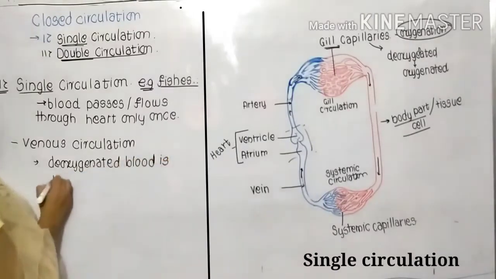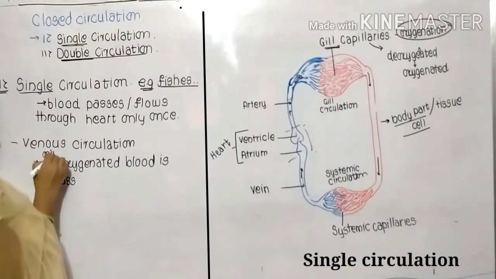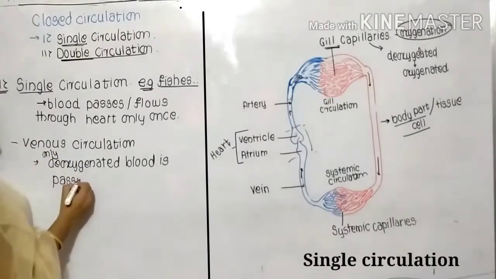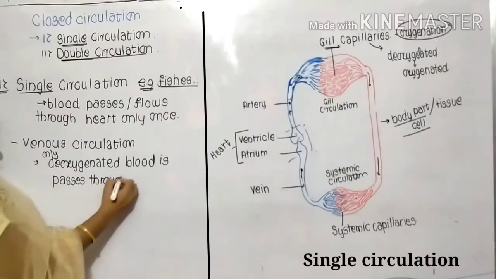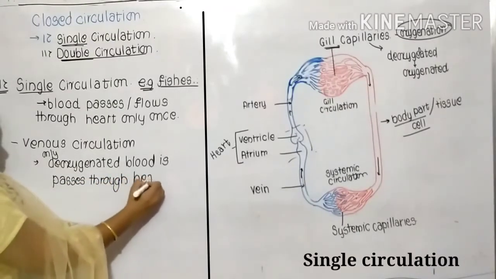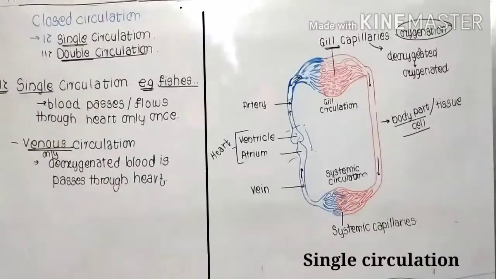You can say that only and only deoxygenated blood passes through the heart. That's why it is known as venous circulation.